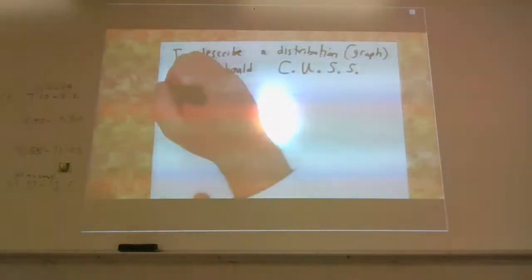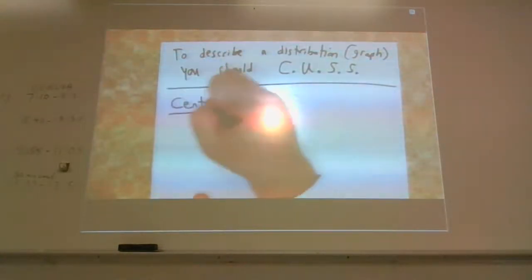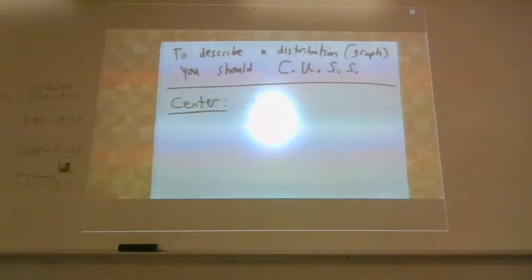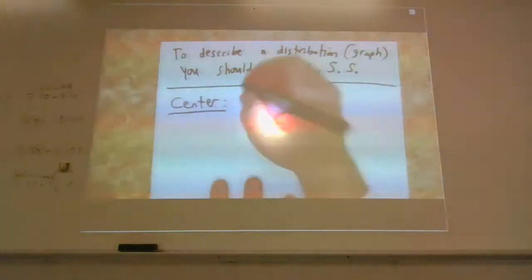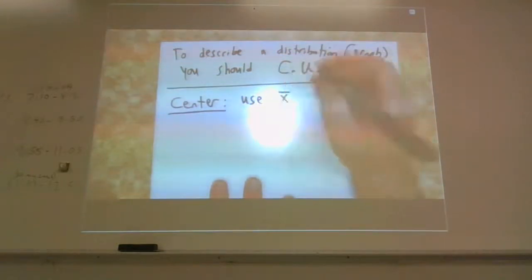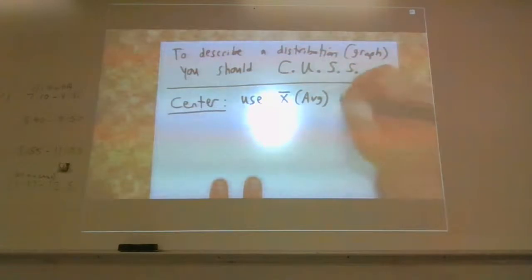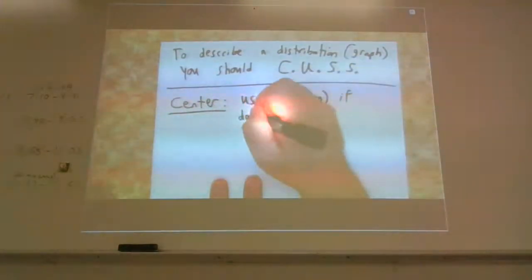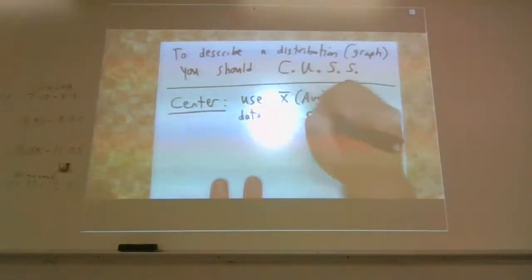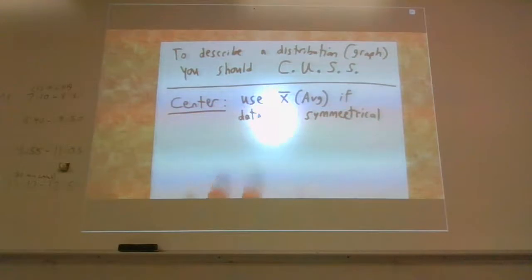C is the center. Now, in terms of the center, you are going to use X bar, which is your average, if data is symmetrical. Now, you know what the word symmetrical means.